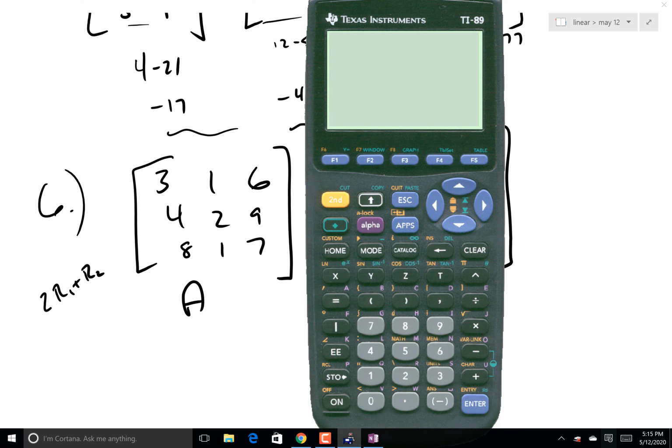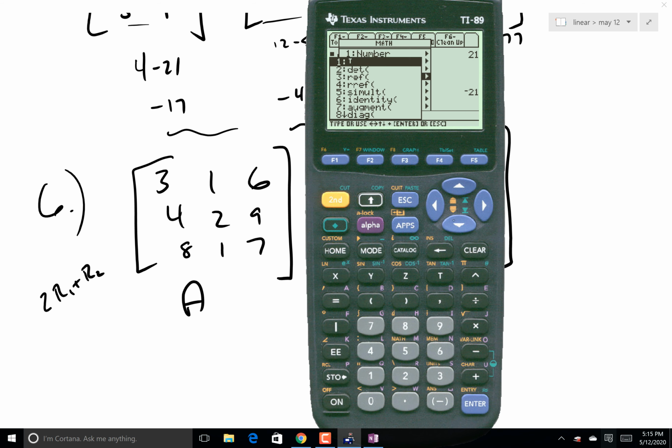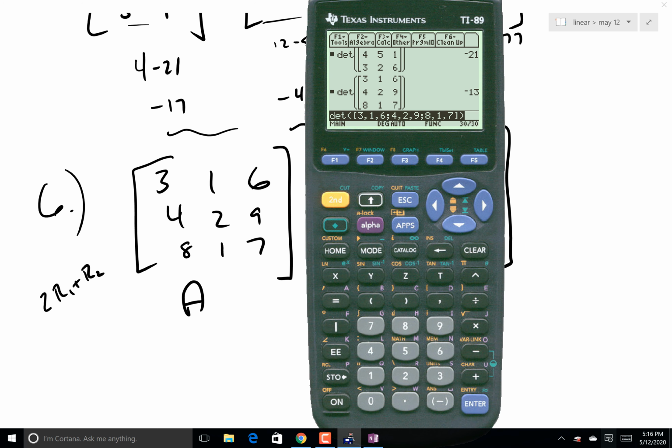So I'm just going to use a calculator to find these determinants here because, well, I'm in a hurry. I'm going to do it right. I don't want to waste your time more than I already have, of course. Cool.